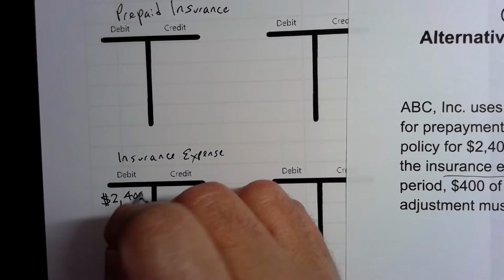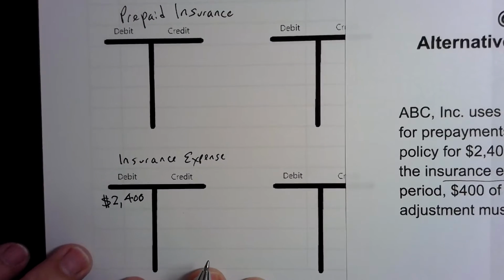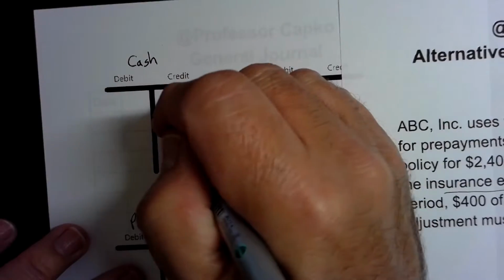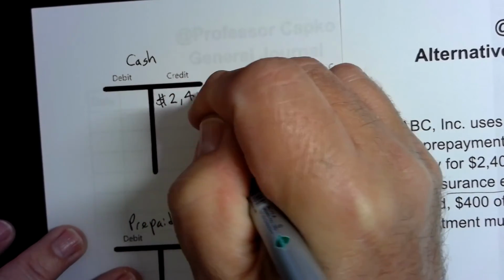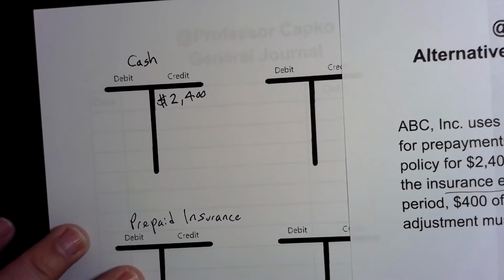That's the full amount of the prepaid insurance. We expense it all right away. We need an offsetting credit, and that is going to be cash because we've paid cash for it. There's no indication that they bought it on credit, so we're going to credit our cash account. In other words, we're going to reduce the cash account in the bank by that amount.